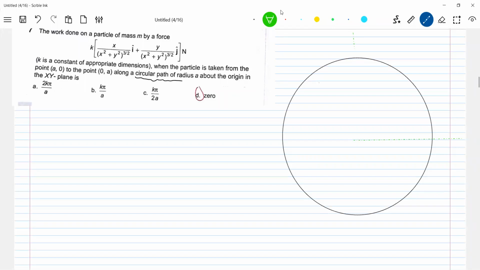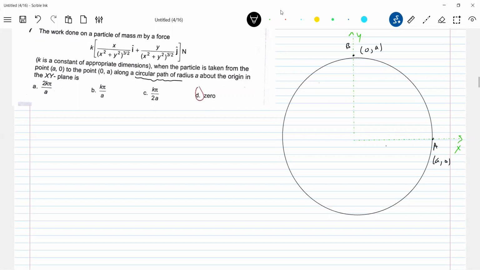This is x, because it's telling i cap, j cap, so I'll introduce the unit vectors. This is the x-axis, this is the y-axis. So it's moving in a circular path of radius a. This is a point A, having coordinates (a, 0). This is B. Let's see how the force is.